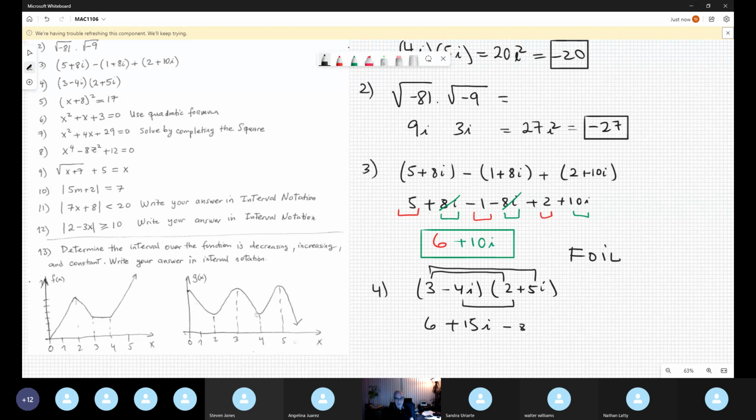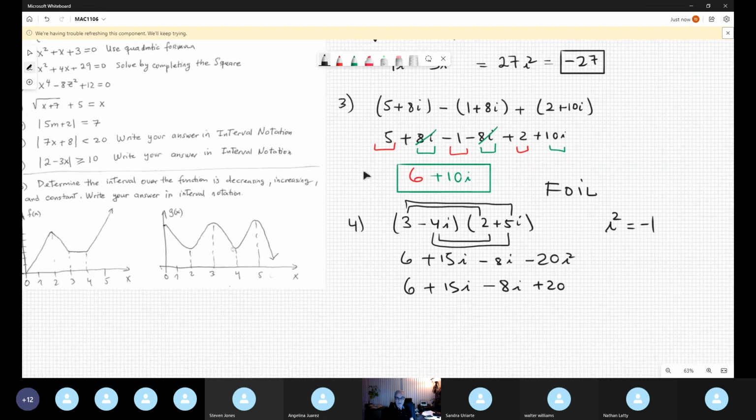This is minus 8i. And this is minus 20i squared. One more time, I need to know that i squared is negative 1. And you replace, in the next line, you write 6 plus 15i minus 8i plus 20, because i squared is negative 1, and the other negative 1 that you have in front, together is positive 20.